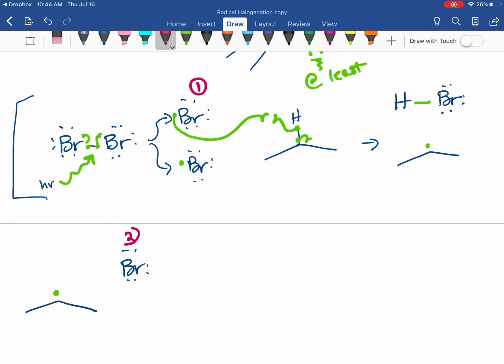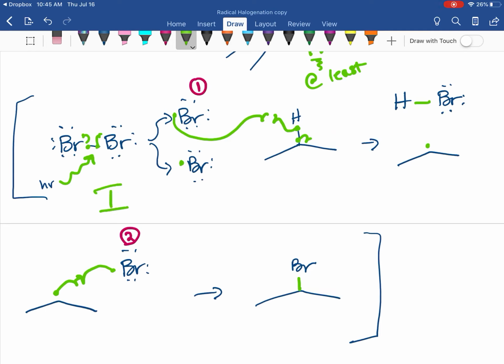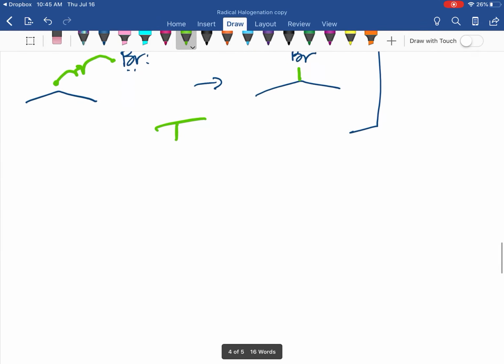And then what is left over? Well, we've got bromine radical number 2. So let's terminate that reaction, and let's make that alkyl bromide. Okay, let's add in our vocab. Here is our initiation, here is our propagation, and here is our termination.